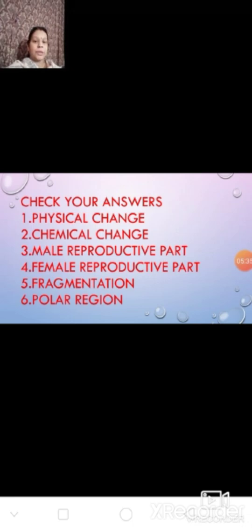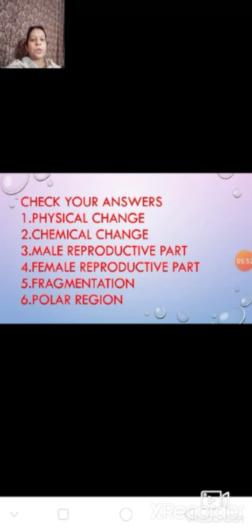First one is physical change. The question was, if you remember, the electric bulb, lightning of an electric bulb. So it is a physical change. Second one was germination of seed.